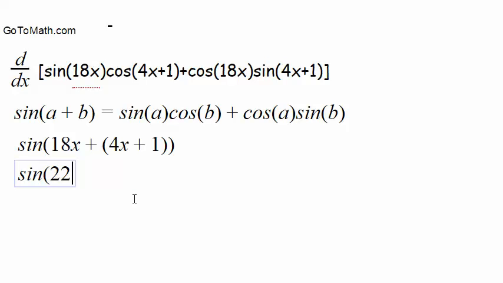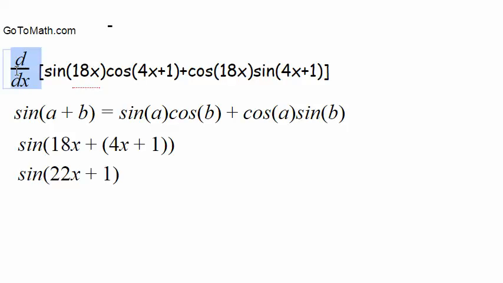It's too early in the morning for me to know that. 22x, wait a minute, 18x plus 4x, yeah, right, 22x plus 1. All right. So this is what we're going to end up taking the derivative of.